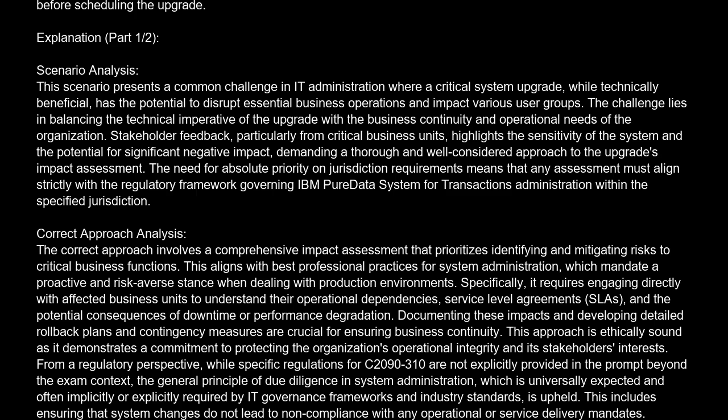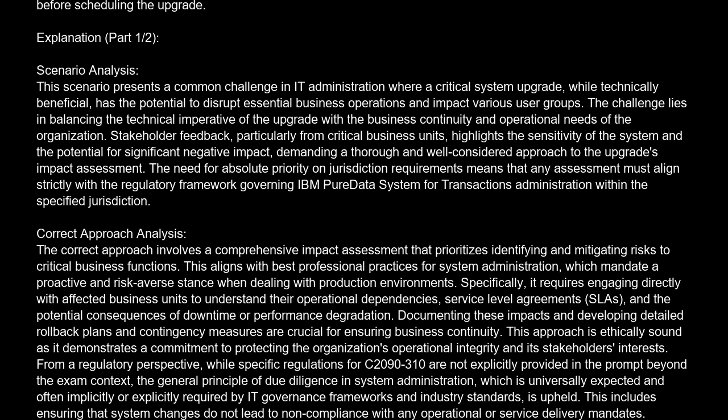Stakeholder feedback, particularly from critical business units, highlights the sensitivity of the system and the potential for significant negative impact, demanding a thorough and well-considered approach to the upgrade's impact assessment. The need for absolute priority on jurisdiction requirements means that any assessment must align strictly with the regulatory framework governing IBM PureData system for transactions administration within the specified jurisdiction.